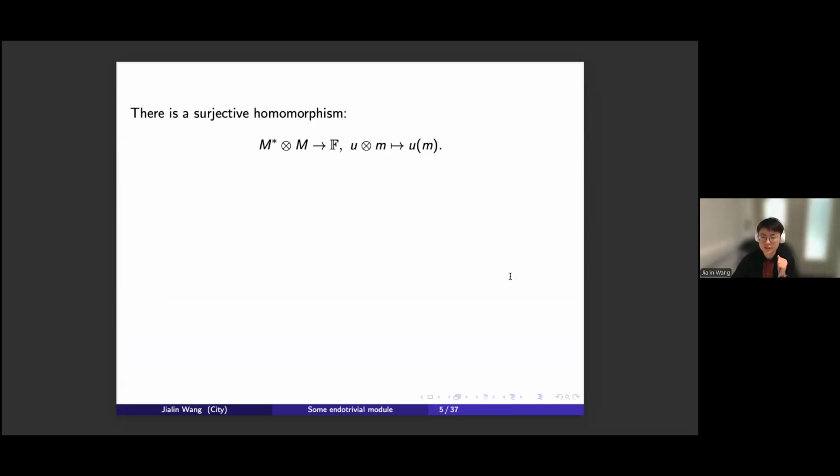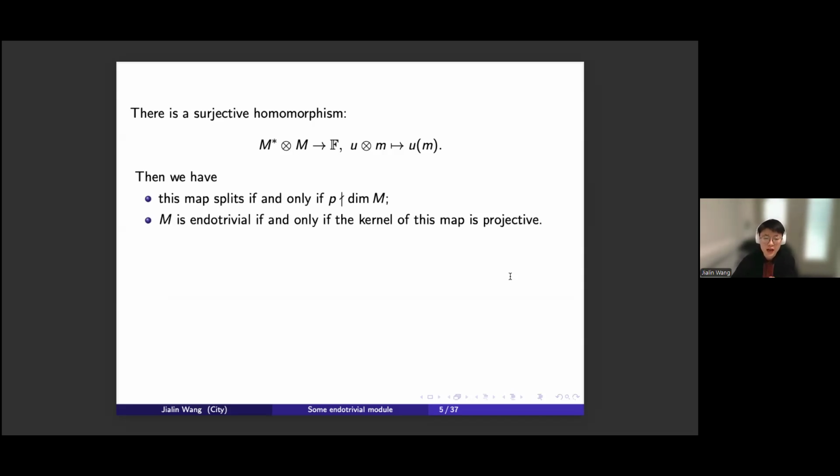It sends U ⊗ m to U evaluated at m, where U is a linear map from M to F. This evaluation map splits if and only if the dimension of M is not divisible by P. So if M is endotrivial, then the dimension of M cannot be divisible by P. In fact, M is endotrivial if and only if the kernel of this evaluation map is projective.